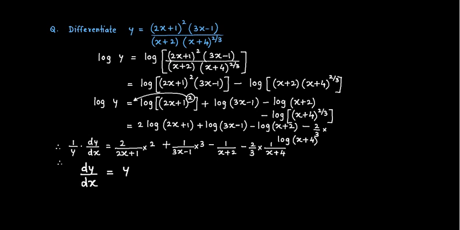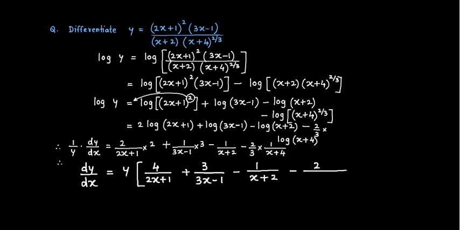So I can write it as y into the entire expression, that is, 2 into 2 upon 2x plus 1 plus 3 upon 3x minus 1 minus 1 upon x plus 2 minus 2 upon 3 into x plus 4, and at the end we replace y with the given function, which gives us the final answer, right?